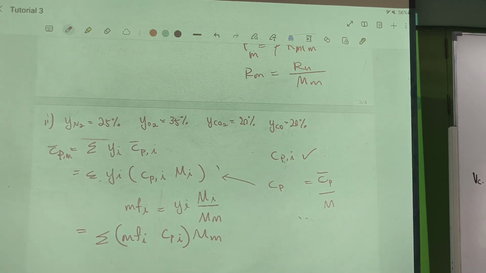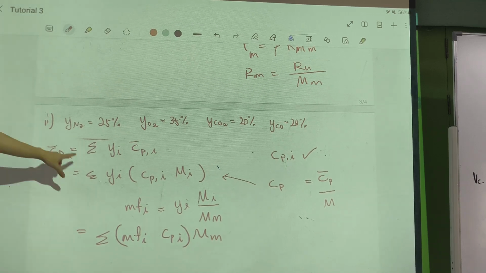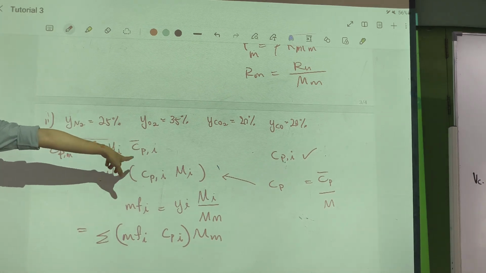So this one I just want to save that. So for you, if you want, you can actually just find each of the Cp bar one by one.